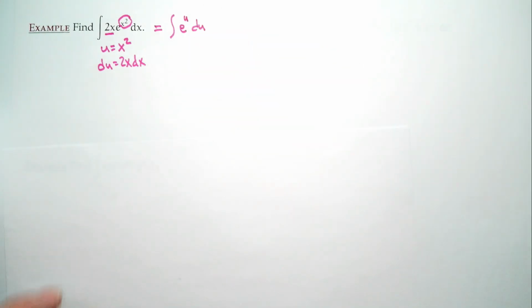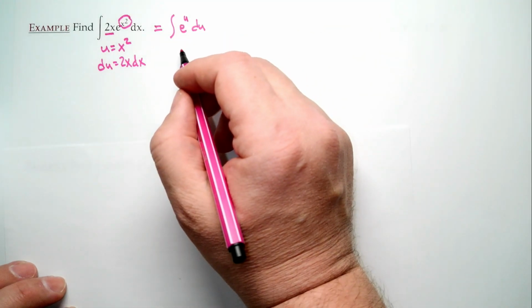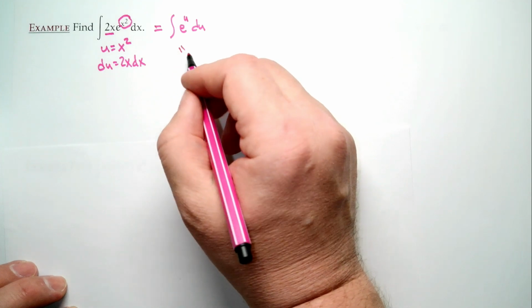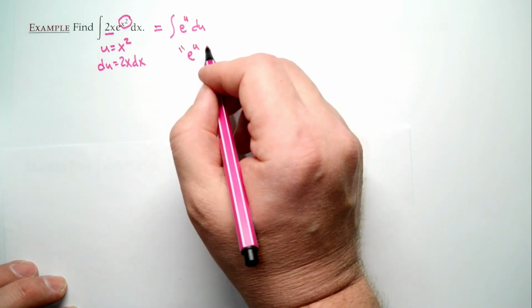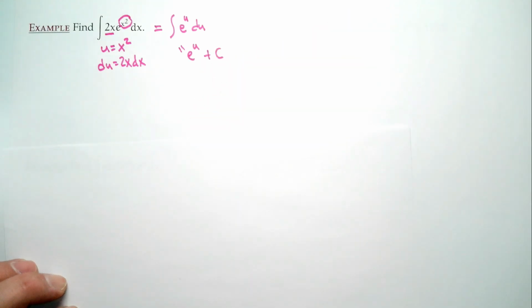And now we say, okay, we've rewritten this integral in a slightly easier form. Do we know the antiderivative of e to the u? Yeah, it's, what is it again? I'm sorry. E to the u plus c, because we want points. Remember, these are indefinite integrals.